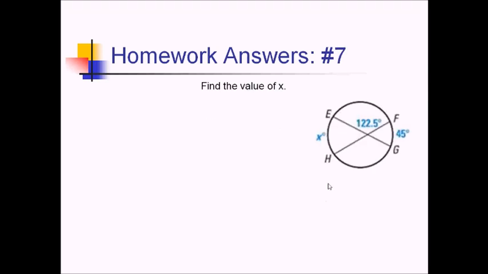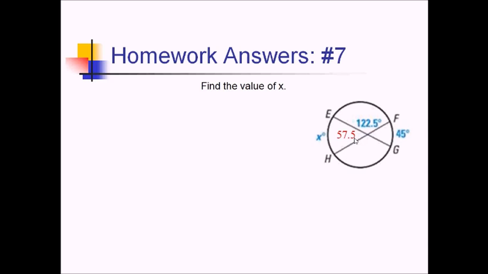For number 7, we're trying to find the measure of X over here. Now the key to this one, if we knew this particular angle or this angle, either of these two angles in here would be half the sum of these intersected arcs X and 45. So before we can go any further, let's find this angle in here. That's going to be 180 minus 122.5, which is going to be 57.5, I believe.